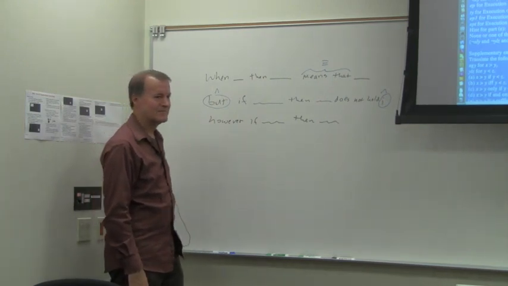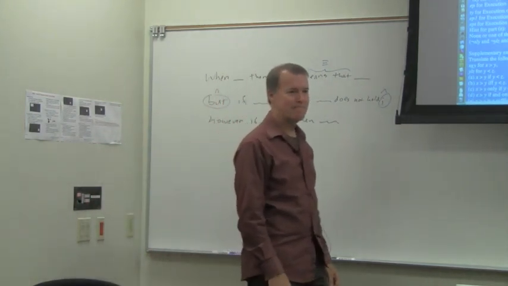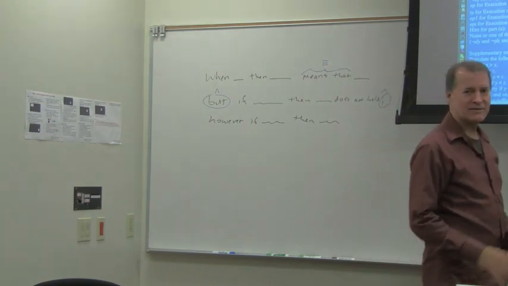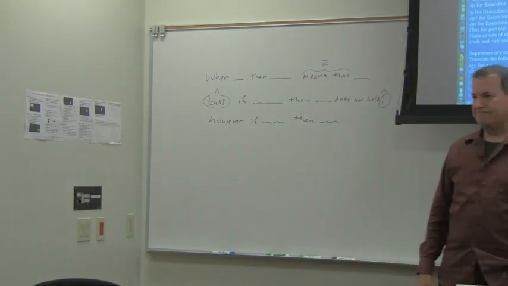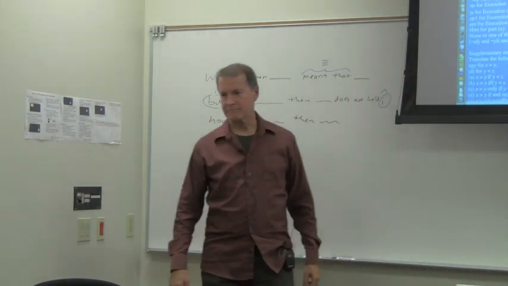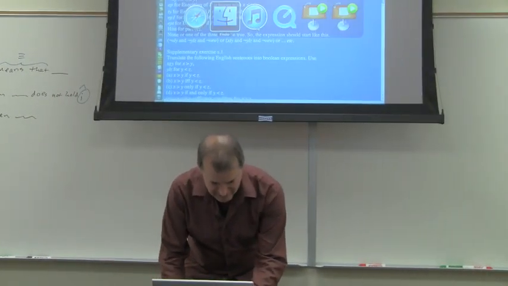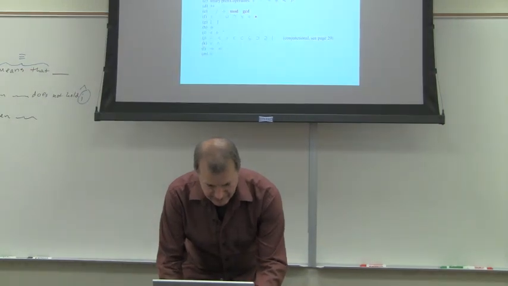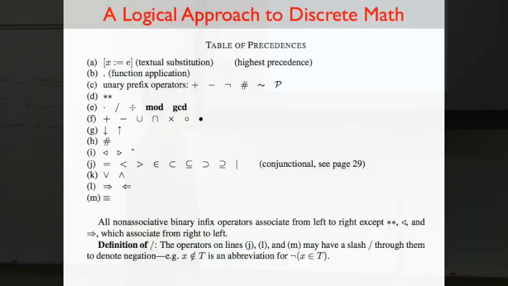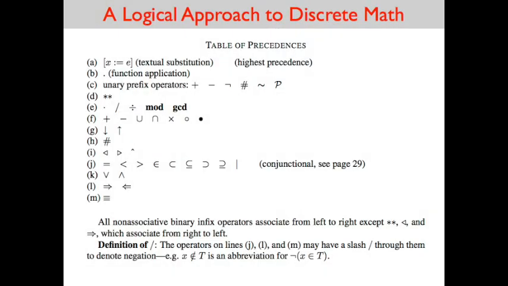So, does that help? Does 'and' take precedence over equivalence? And comes last, doesn't it? Here it is. Equivalence is way down here and 'and' is right there. So you do the ands first?